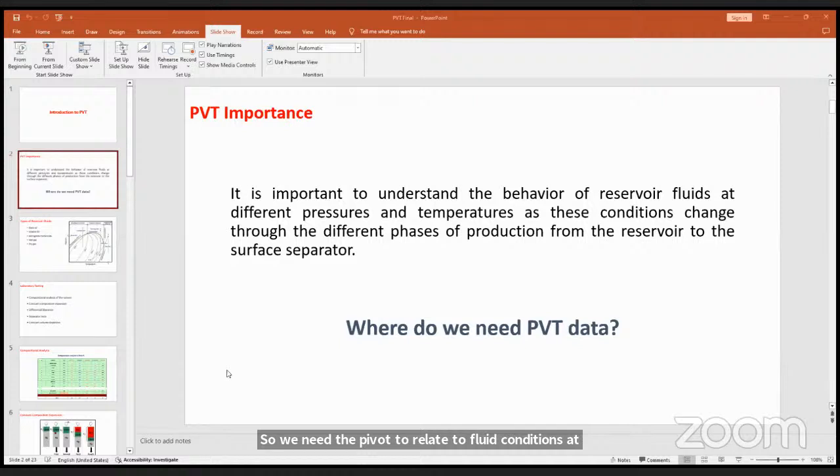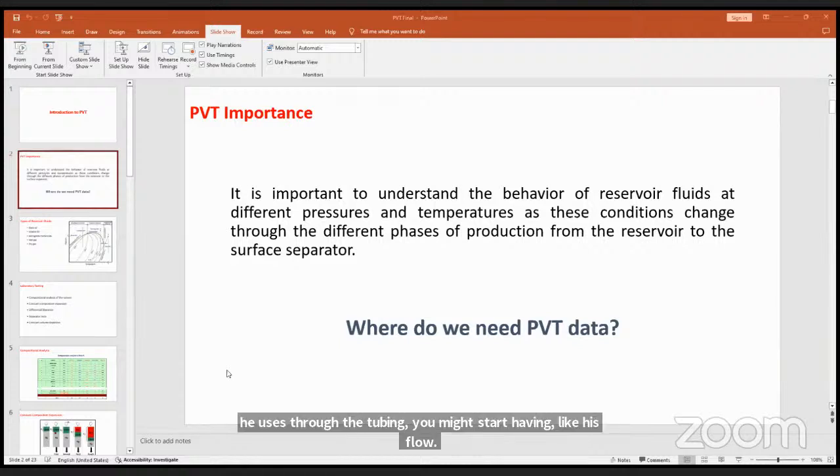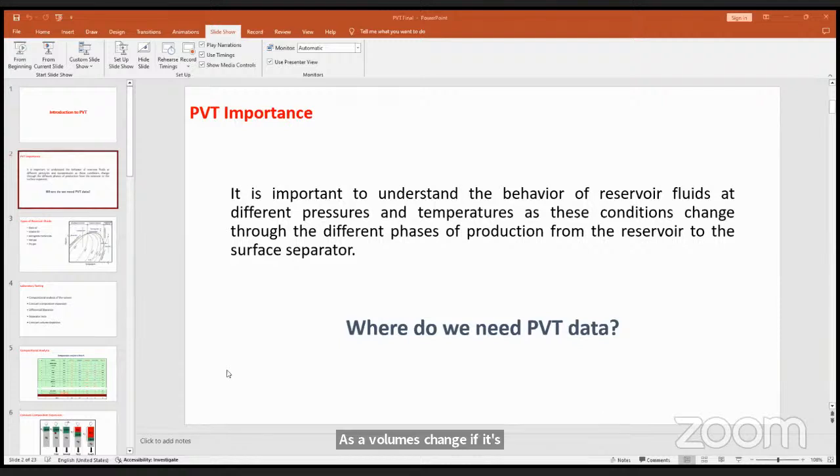Whether you are at the reservoir conditions, you have certain characteristics of fluid and volumes of the fluid. Once you go through the tubing, you might start having multi-phase flow, and the volumes change, the viscosity changes. Then you go to the surface, through the production system, then you go to the standard conditions, the tanks.